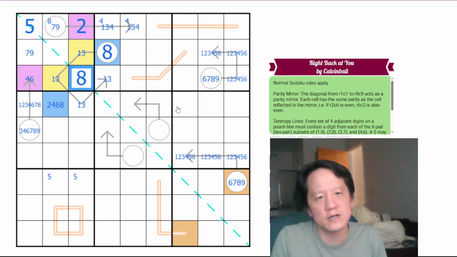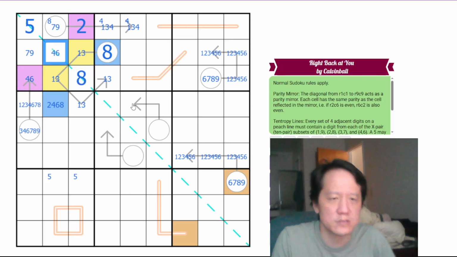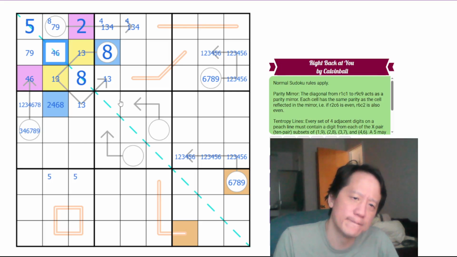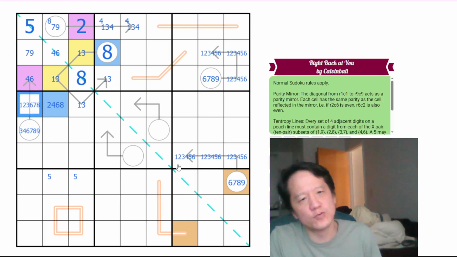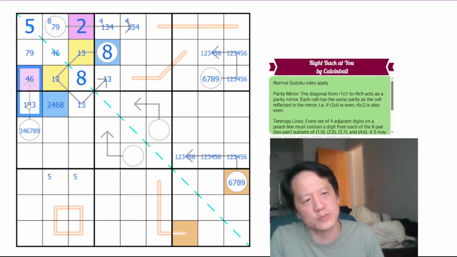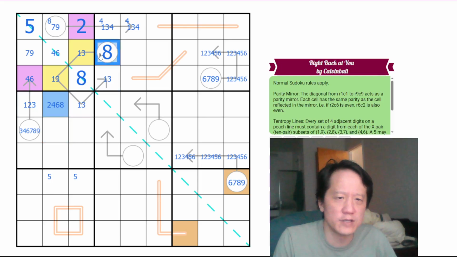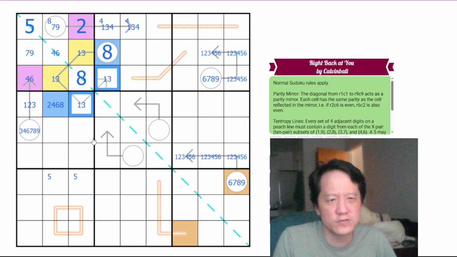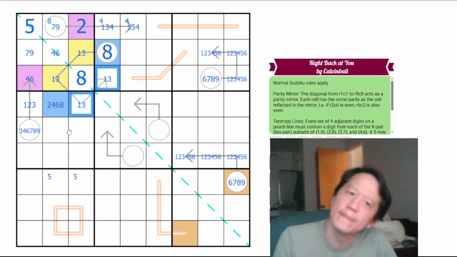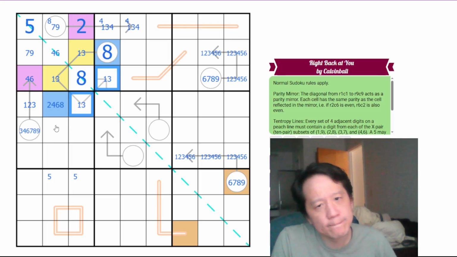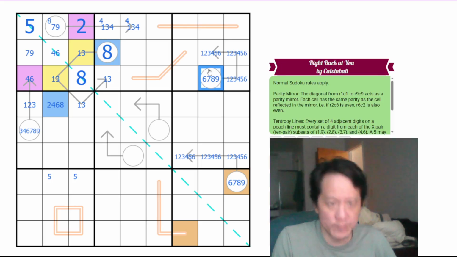You'd have an 8 here. This would be 4 or 6. Obviously, this couldn't be 4 or 6. It can't be 7 or 8, because 4 or 6 plus 4 or 6 adds up to 10. So that's 1, 2, or 3 here. These are both odd. That's fine. So far, this is looking okay. This would not be 8.